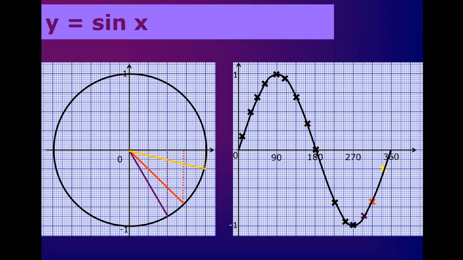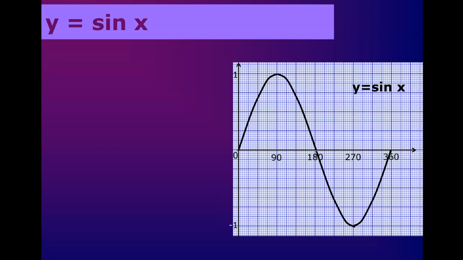It keeps on going around. So you can carry it on, and a lot of the questions you end up doing will give you a limit or an inequality saying you're working between 0 and 360 or minus 180 and 180. But we've got 0 to 360 drawn here.